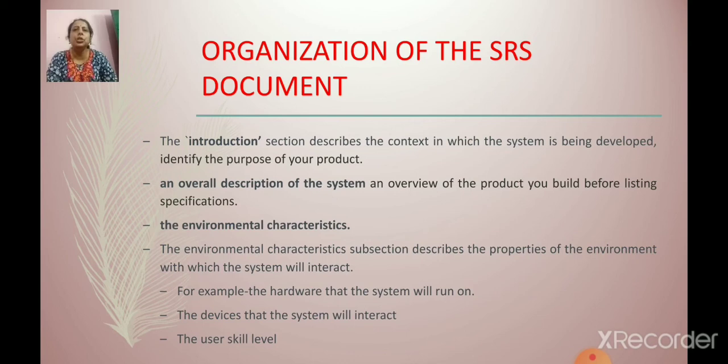And the user skill, meaning whether the user is advanced or novice. If the user is novice, then the interface will be simple. If the user is advanced, then an advanced version of the interface may be used. So these are the environmental characteristics.